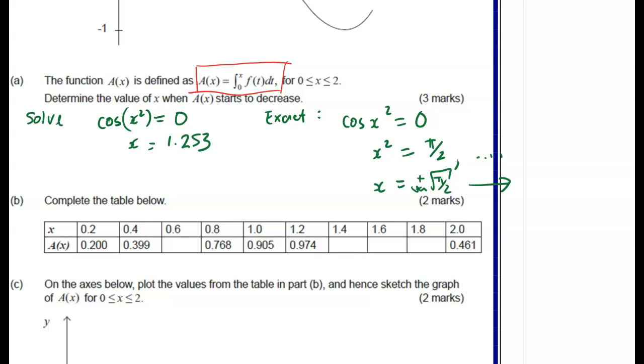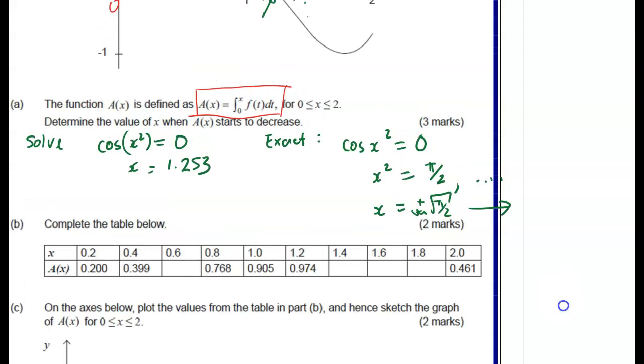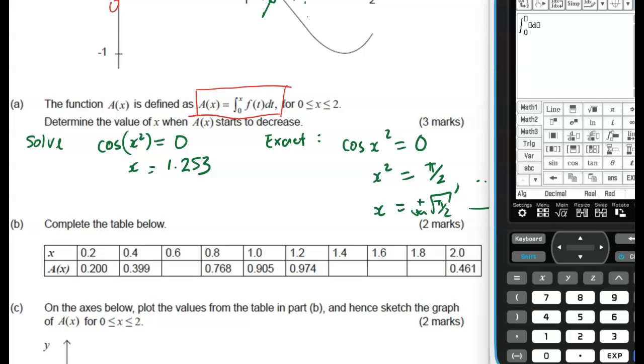All right, so it does say complete the table below, so I'll give you a chance to do that. And again, remember, this is Calc Allowed. So we do this by using that box in red, 0 to x. So we start from 0 to, the first value is 0.6, but that you're missing, but I'll just show you at 0.2, the function is cos x squared.